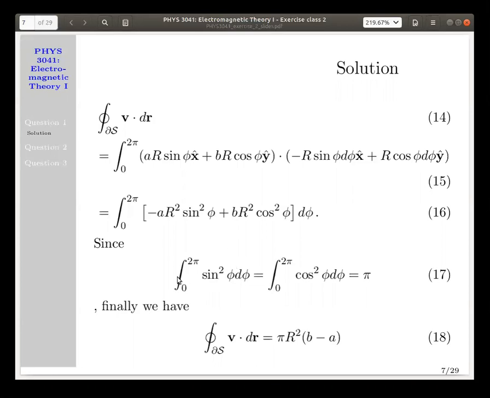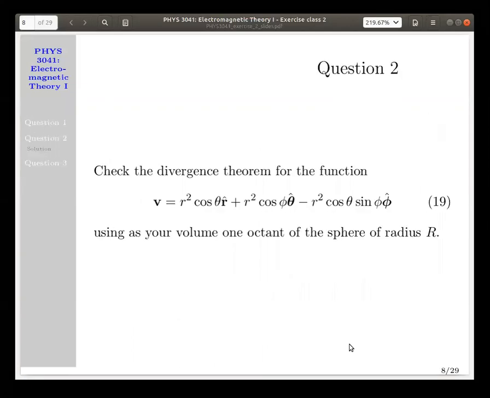The integrals of sine squared phi and cosine squared phi are both pi. When we combine them together, we have pi r squared times (b minus a), which is exactly equal to the area integral on the left-hand side of Stokes' theorem. So we have verified that Stokes' theorem is correct in this example.